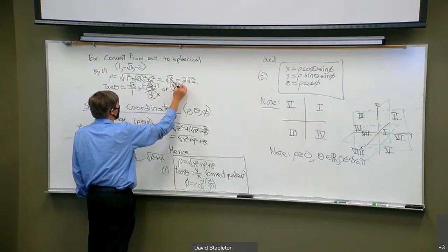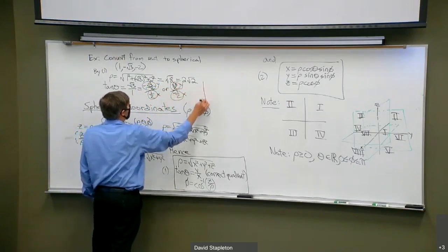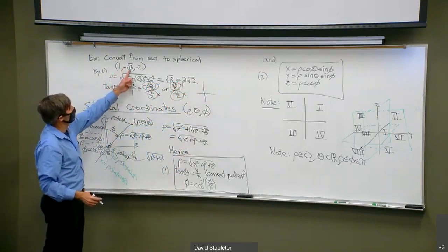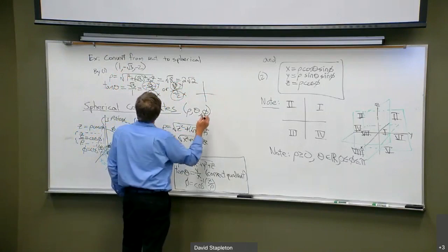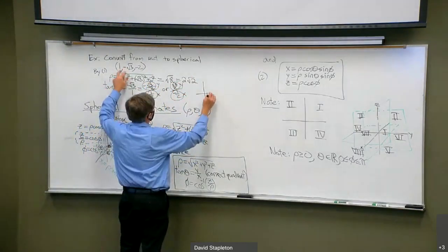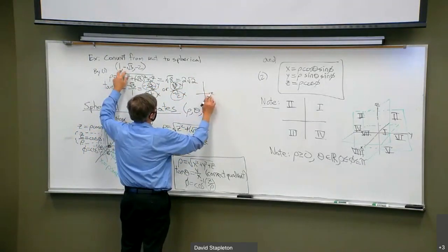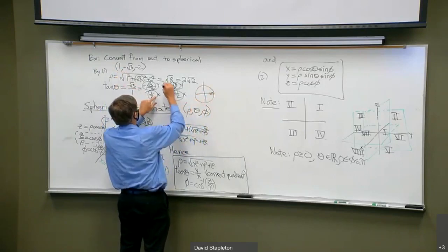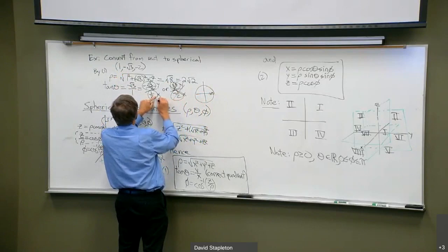And this could be y and this could be x on the unit circle. Which one do we want? We want the same quadrant as the original point, x positive and y negative. So this time we could have used the arctangent. Look at the unit circle, with x positive and y negative is this one. So we throw out that one, that's the wrong quadrant.